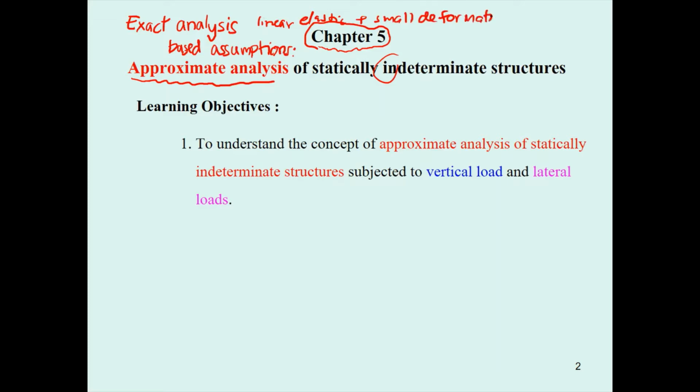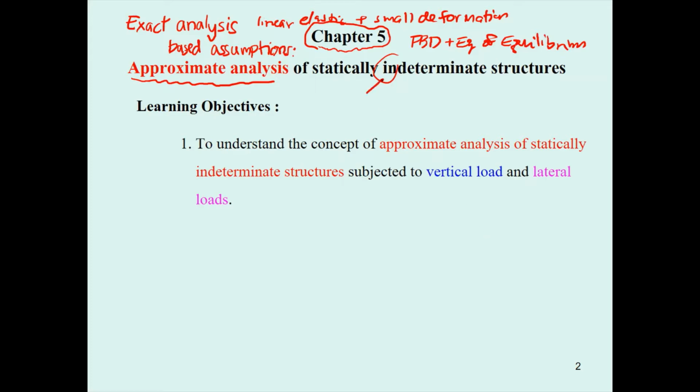It is based upon the free body diagram, the equations of equilibrium, the compatibility equation, and the force-displacement relationship.